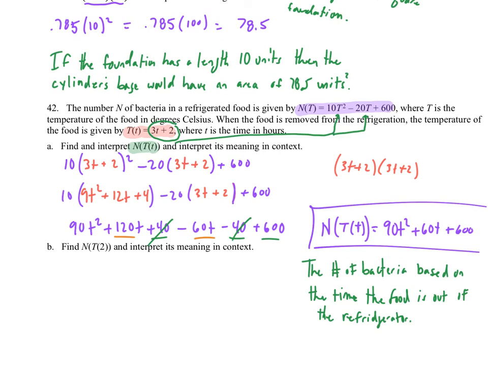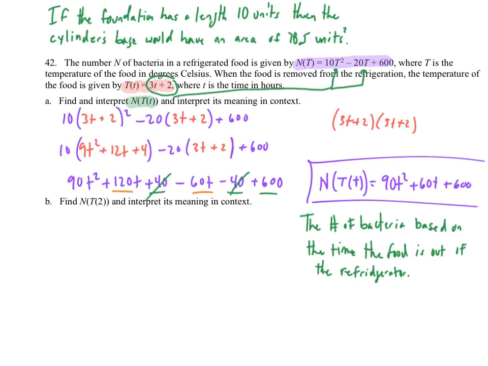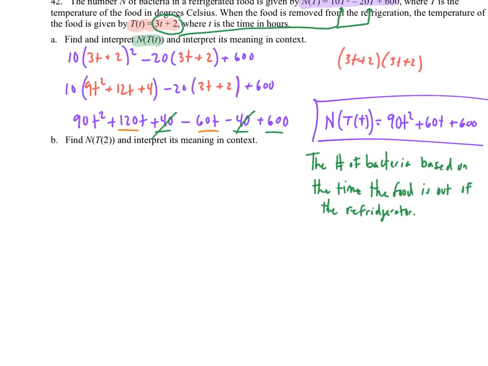Okay, and then they want us to do a little bit of math here. They said little t is 2. So that's what that means. I'm going to plug in, and every t here is going to get a 2. So that's going to be 90 times something squared plus 60 times something plus 600, and that something is a 2.